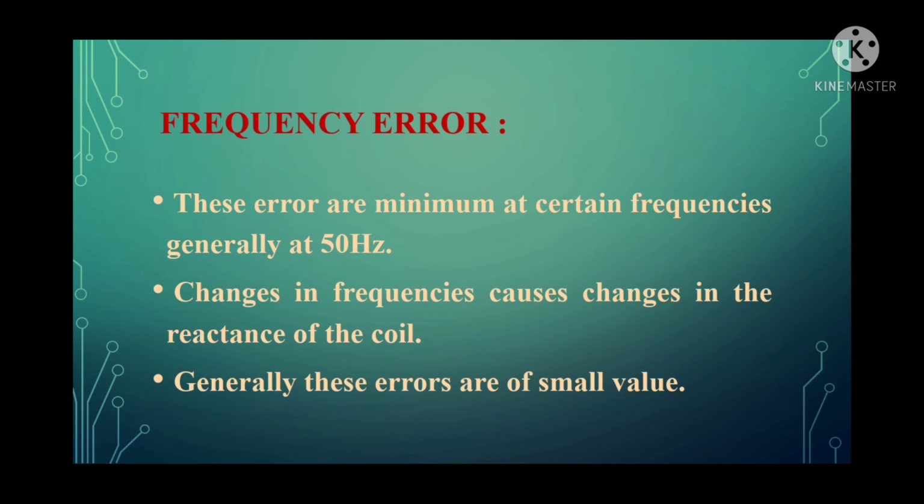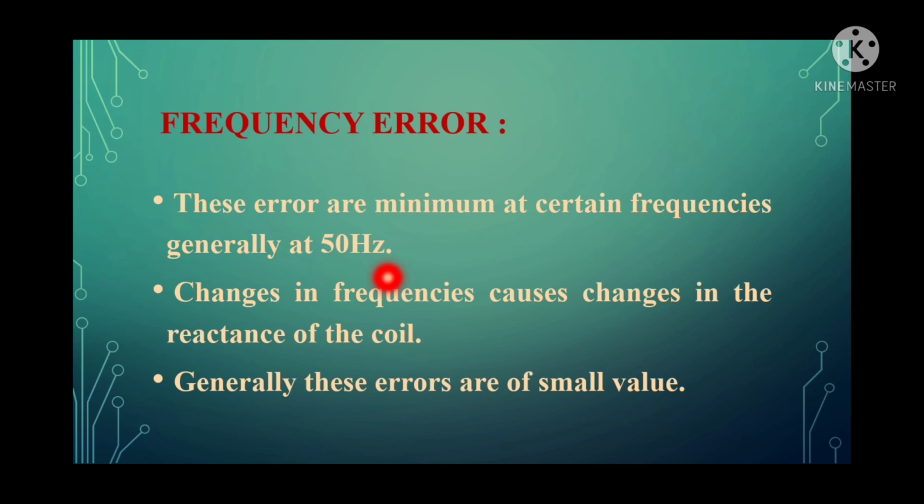Then comes the frequency error. So normally the energy meter will be operating with minimum error at certain frequencies. Mainly in our country, the operating frequency for AC supply is 50 hertz. So these energy meters will be designed in such a way that there will be minimum error at a frequency of about 50 hertz.